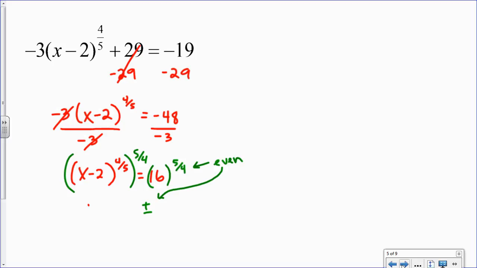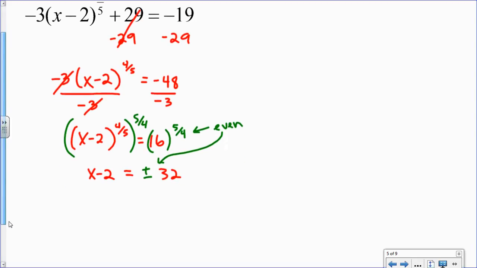So I get x minus 2 on the left, and then 16 to the 5/4 power. So you're doing the 4th root of 16, which is 2, and 2 to the 5th is 32. Okay, add 2 to both sides. So that is 34 and negative 30. Since you had an even root, you should check these answers.